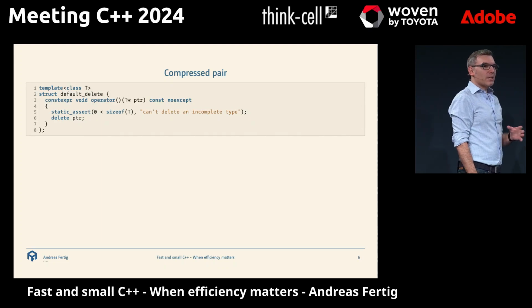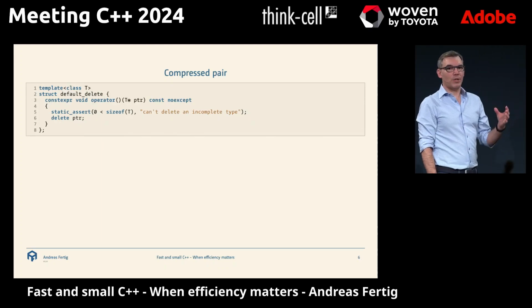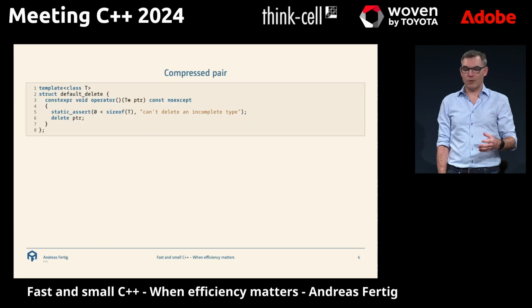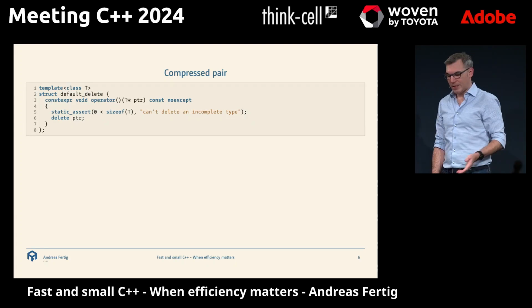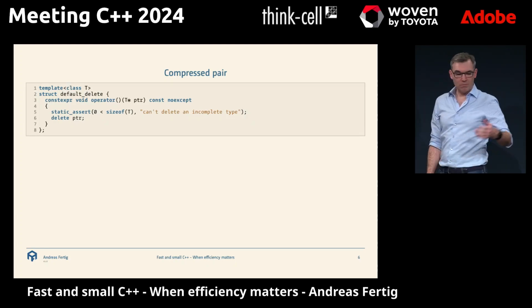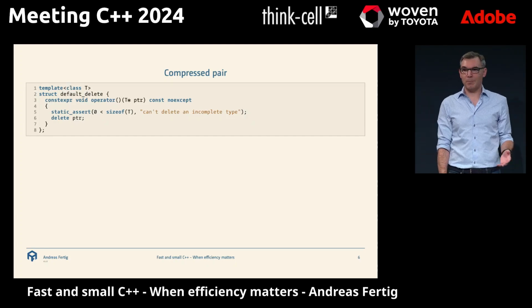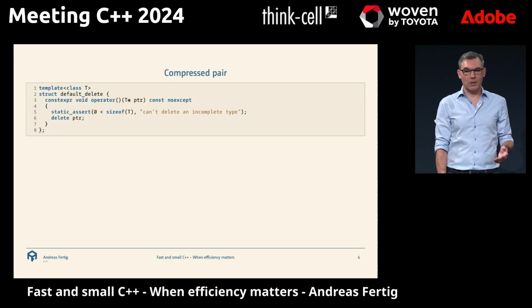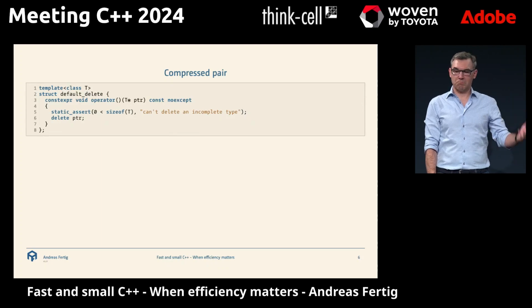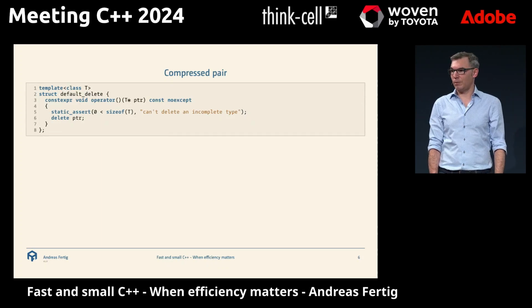The first thing is the standard library in the unique pointer has something called a deleter. What it does is deleting something. So my default delete function here, or class type, it's a class template. It takes a single T, and it comes with a call operator taking a T star, and internally it calls delete on that pointer.